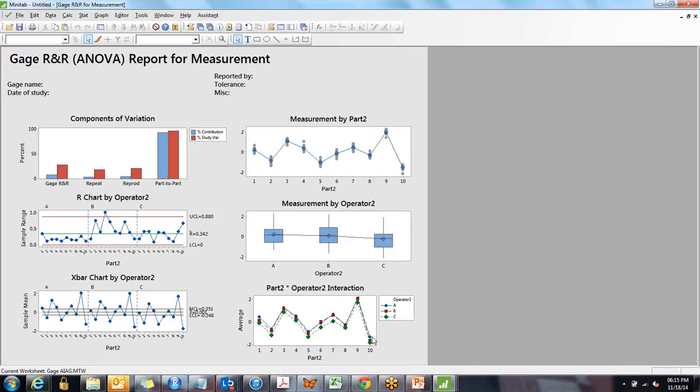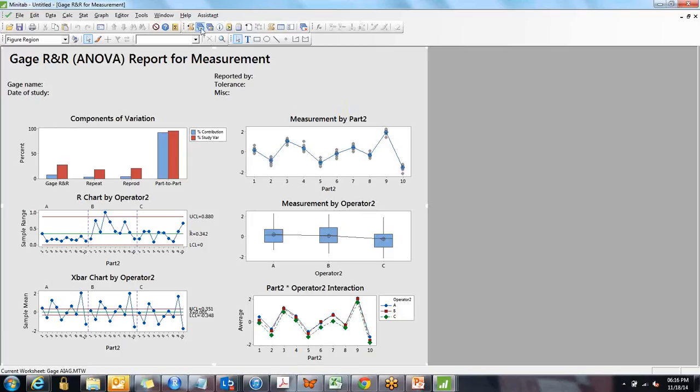As I've told you in the previous example, all these lines should fall on each other, should be overlapping. Blue and red are almost overlapping. But look at the green line, it's not overlapping. So we conclude that operator C is not consistent with the others.